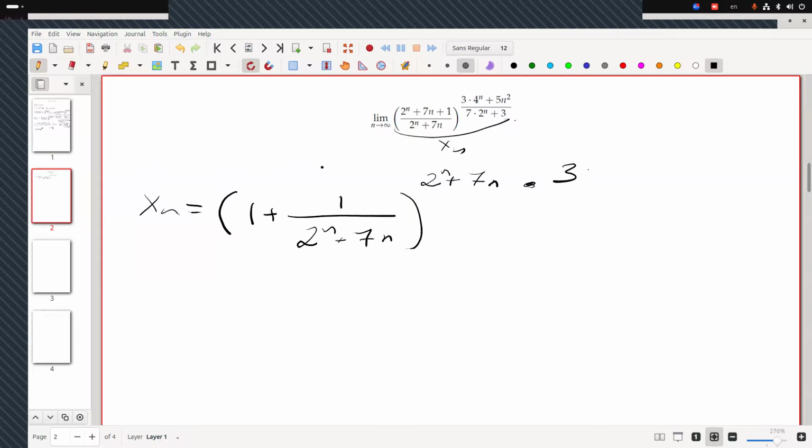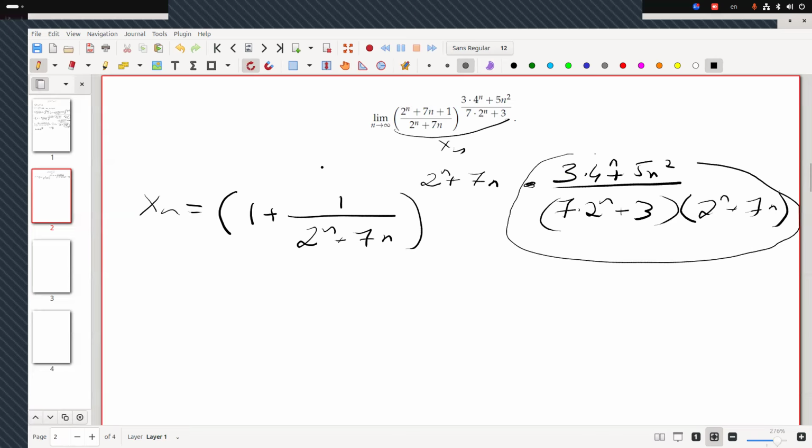Multiplied with 3 times 4n plus 5n squared divided by 7 times 2n plus 3, multiplied with 2n plus 7n. What is the limit of this component? 3/7. Yes, just opening brackets, we will find 7 times 4n. So the final limit is 3 e to the power of 3/7.